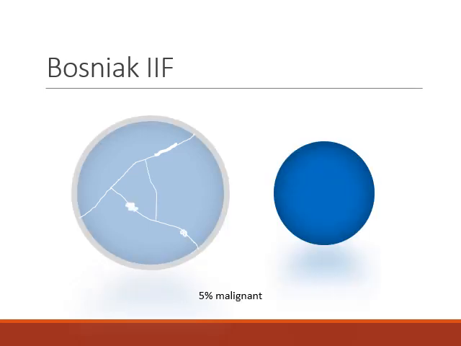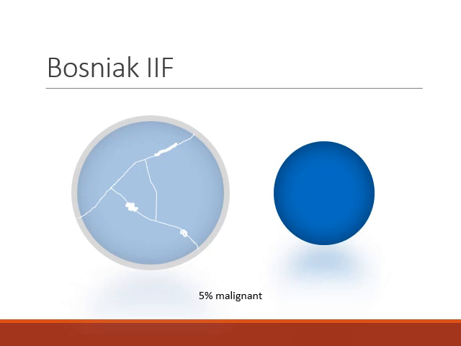So Bosniak 1 and Bosniak 2 are benign, do not require any follow-up. A Bosniak 2F does require follow-up. The F stands for follow-up. These have a very small chance of being malignant, and the way to differentiate these from a Bosniak 2 is that they will have more septations than a Bosniak 2. The septations are often slightly thicker rather than hairline thin, and they can have smooth wall thickening and nodular calcifications.